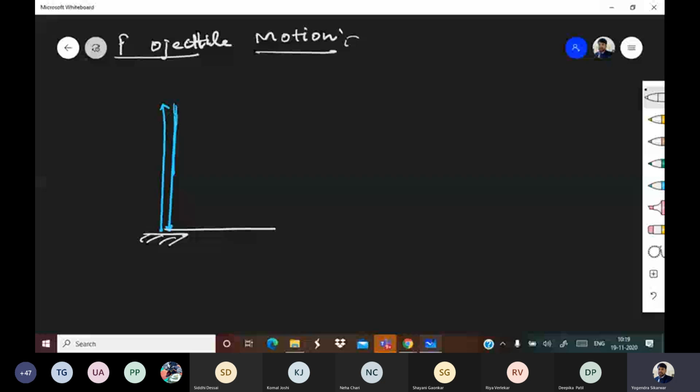So what I was telling you is that suppose an object is projected with, let's say, some speed u, making an angle theta like this.